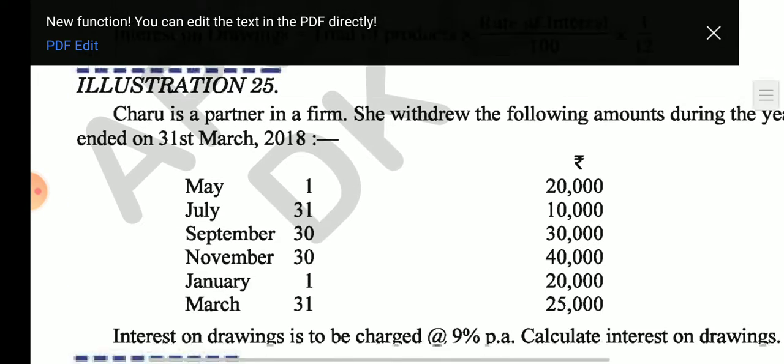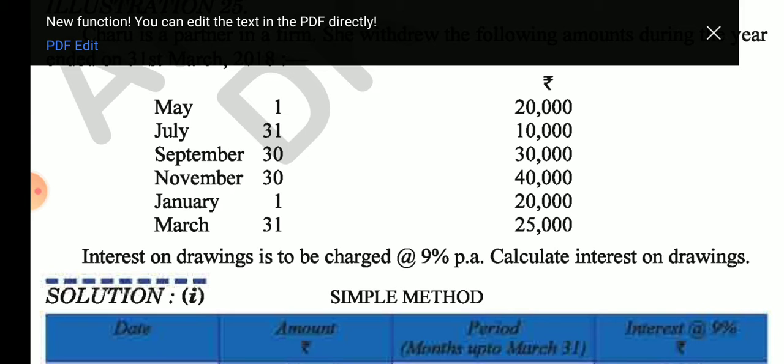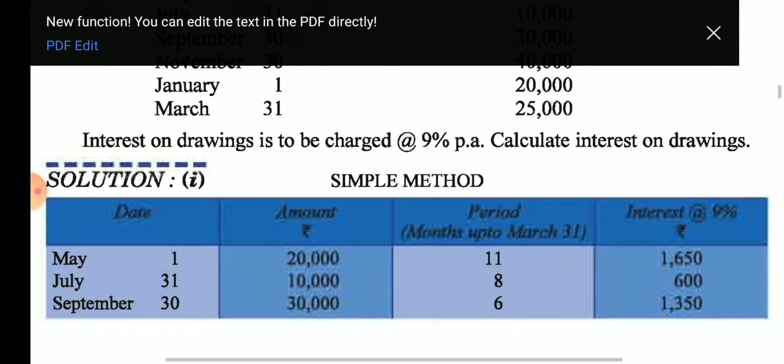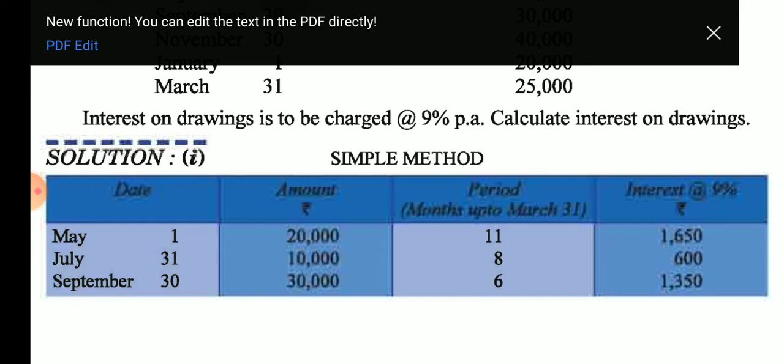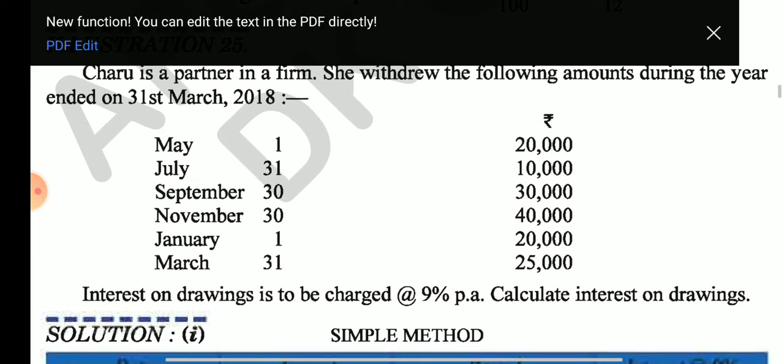Just see this question: 1st May 20,000, July 10,000, September 30,000, November 40,000, January 20,000 and then March 25,000. Then we calculate the number of months up to the closing date, and the closing date is 31st March.